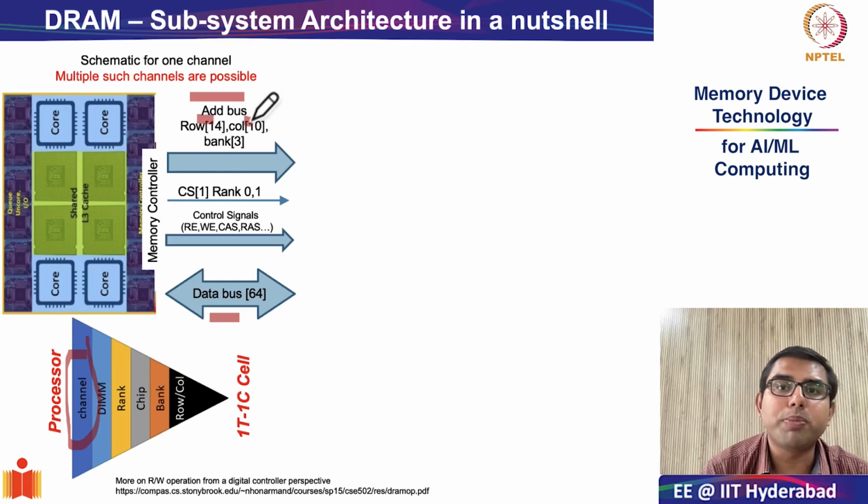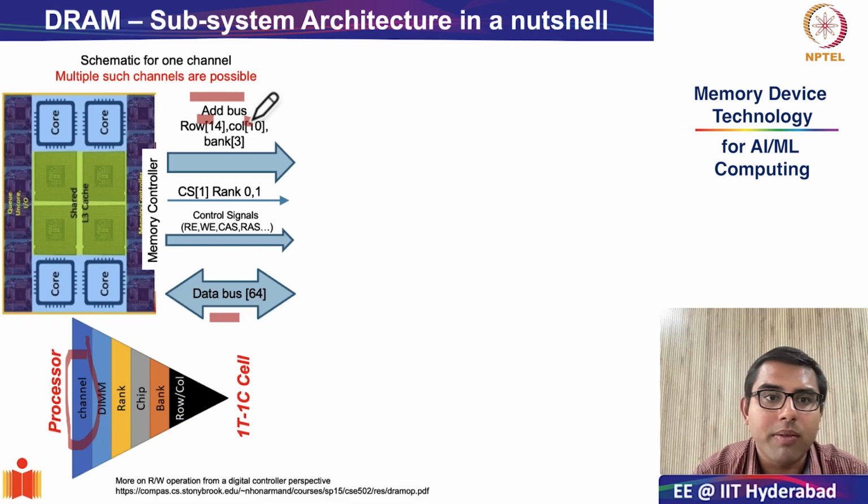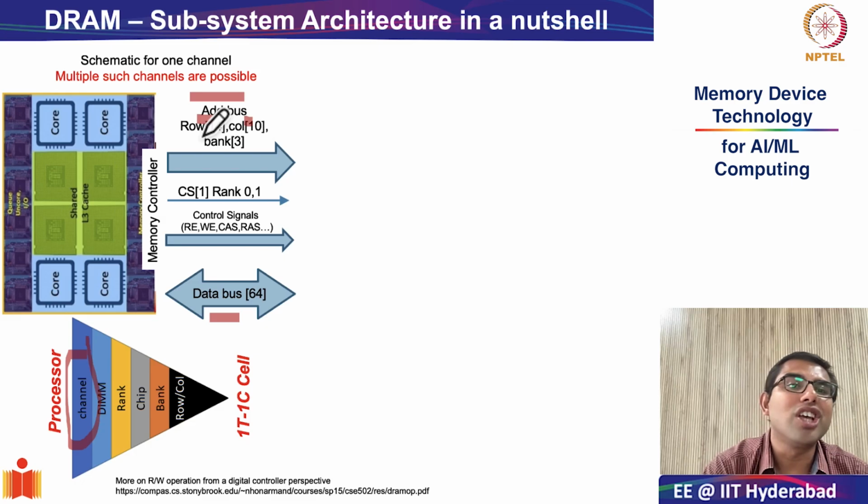As you know, the address bus will go and reach each and every memory array, and from every memory array, like we discussed in the last class, only one bit gets selected. The corresponding row and column from which that one bit will come out from each memory array is indicated by this row and column address. Also, we saw that at a time, only one bank is being used.